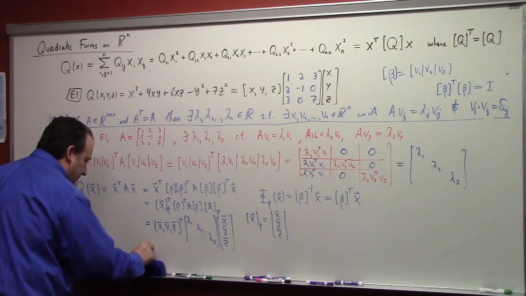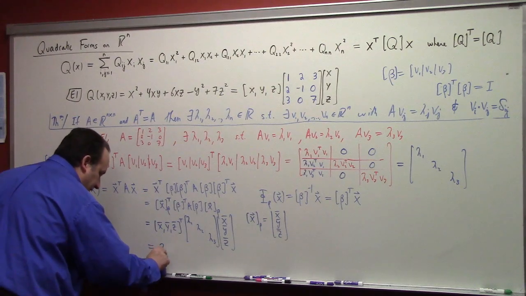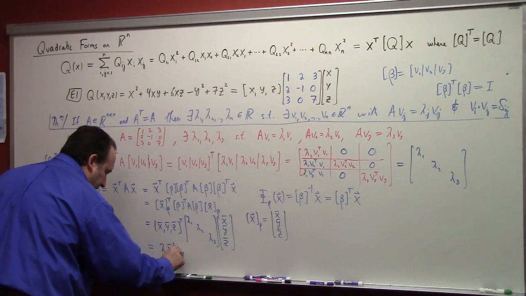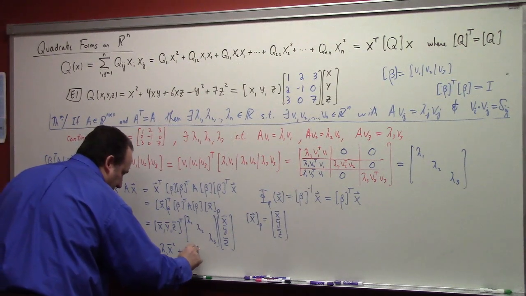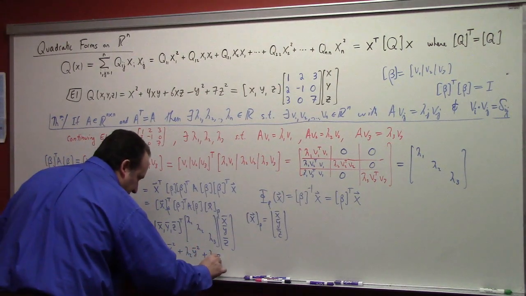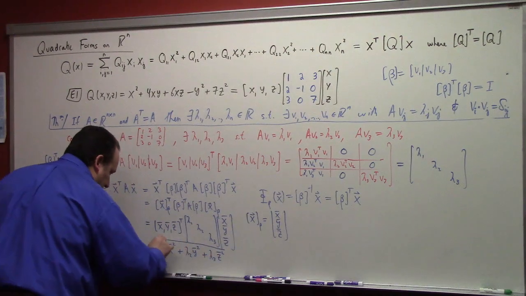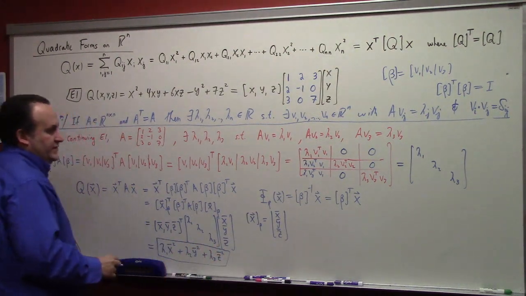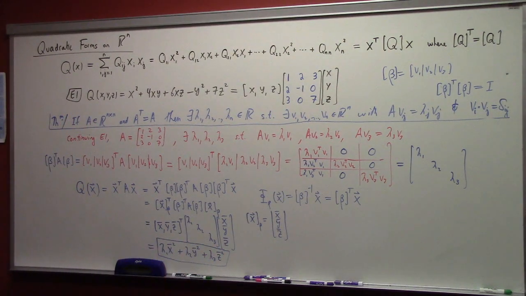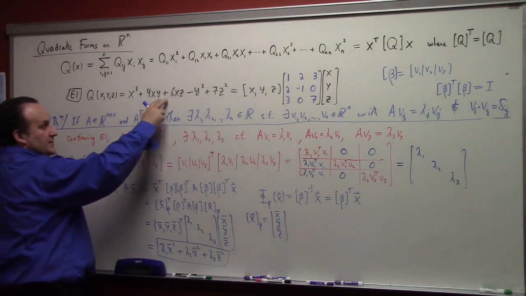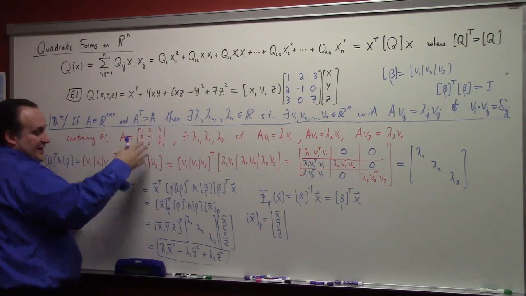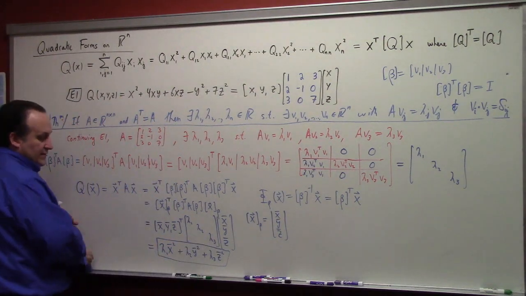So the formula is lambda 1 x bar squared plus lambda 2 y bar squared plus lambda 3 z bar squared. So if we can find the eigenvalues and the eigenvectors for the matrix of a quadratic form, it shows us how to rewrite the formula for it without mixed terms. The formula just has the sum of squares.